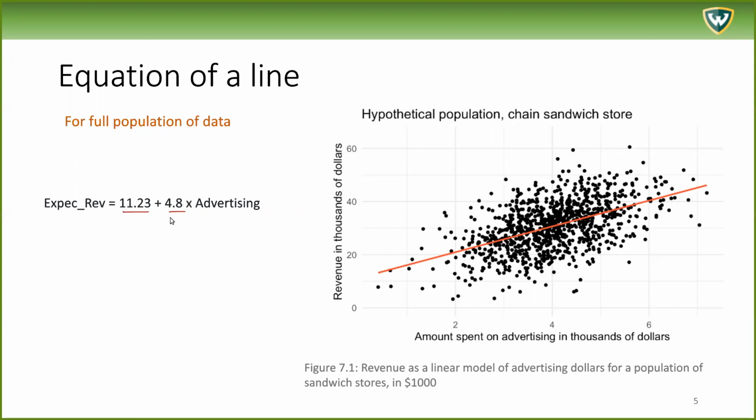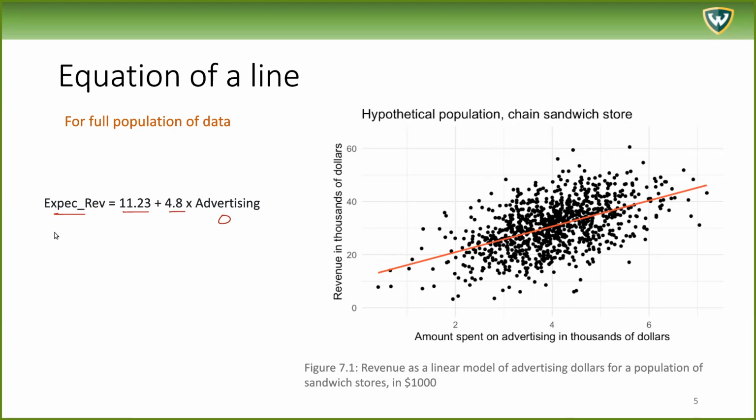And what this says is that if advertising is 0, then 0 times 4.8 is 0, and the expected revenue will be 11.23. Now, you can think of it as in thousands or not. So let's just think of it in the numbers here, and then you can change to thousands so things are more consistent. So if your advertising is $0, you get 11.23 in revenue.